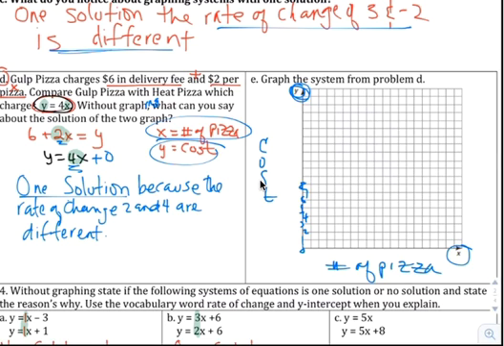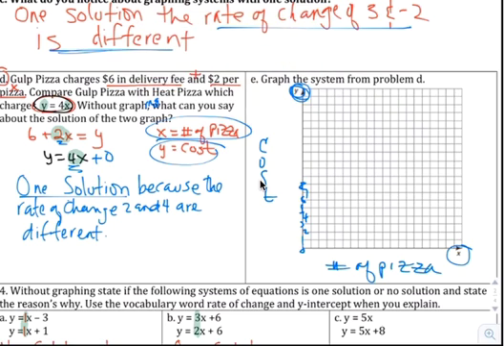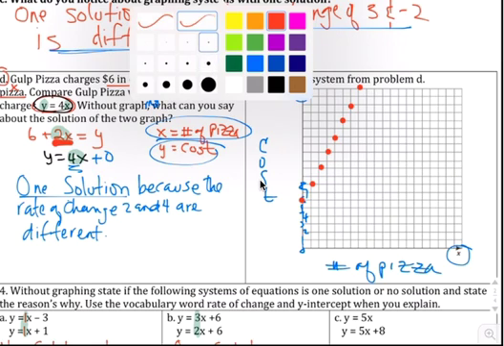The first one, y-intercept is at 6. And you go up 2 over 1. Up 2 over 1 each time. That's the linear equation.